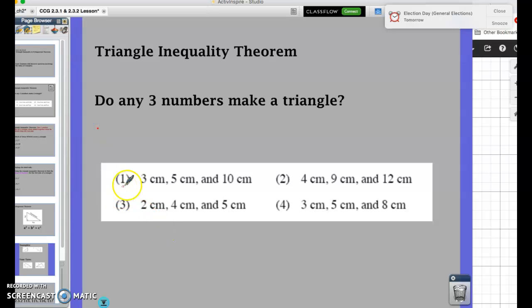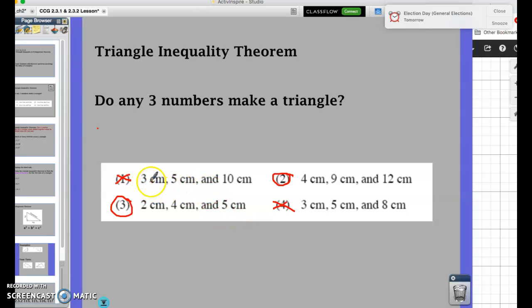Now I'm going to give you the answer for number 3. 2, 4, and 5, they make a triangle. So these two made a triangle, while these two didn't. And it's not a guessing game. If we look at your two smaller numbers, what happens when I compare them to my bigger number?